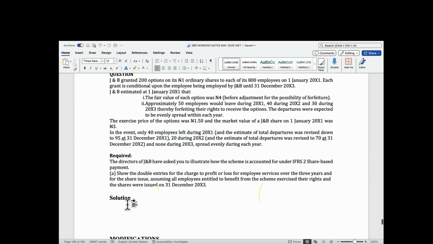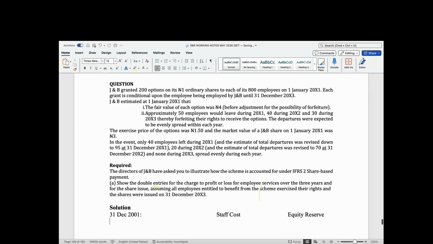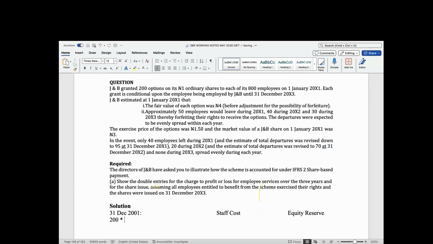So at the end of 2001, first, 31st December 2001, I'll have staff cost, equity reserve. So we are given how many options? 200 options. So based on these estimates, this is what I'm working with.